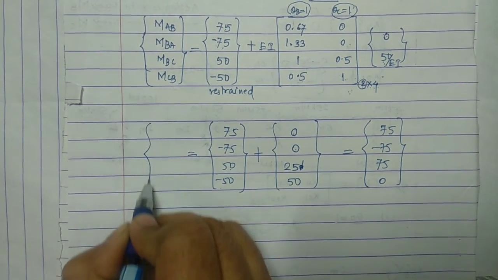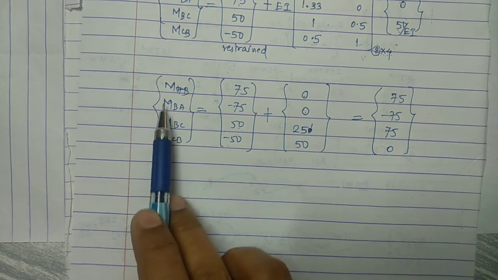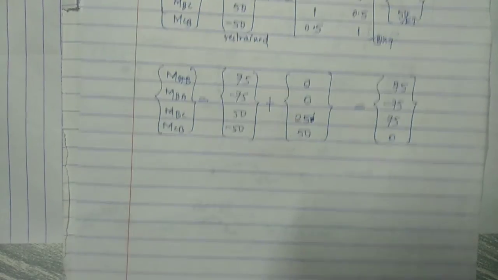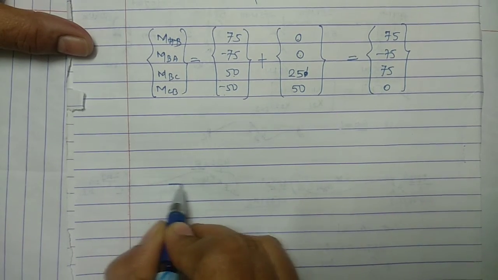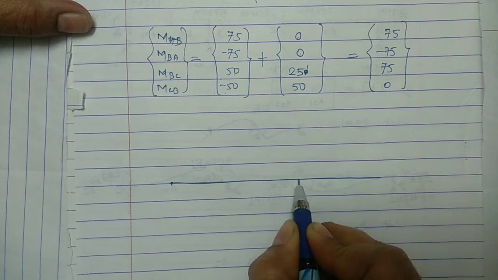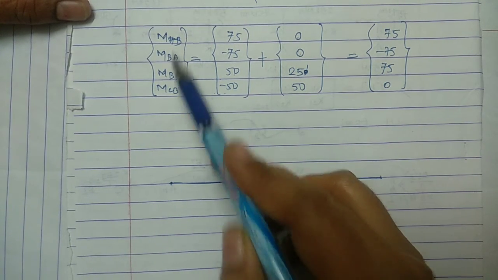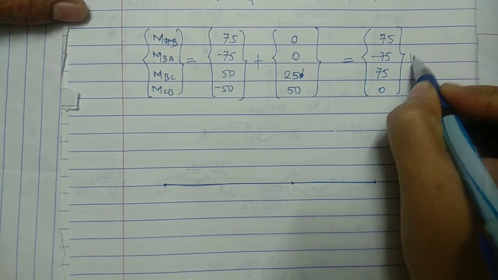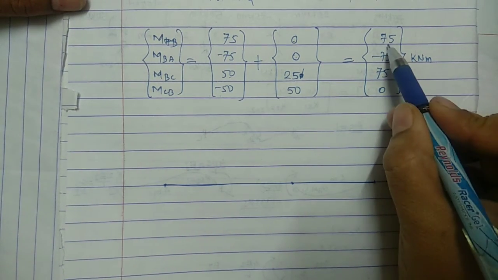So these are the final values of these four moments. Now we will draw the final bending moment diagram. Okay. So for that, draw a line sketch of member ABC. First we will plot this bending moment, all having unit kilonewton meter.